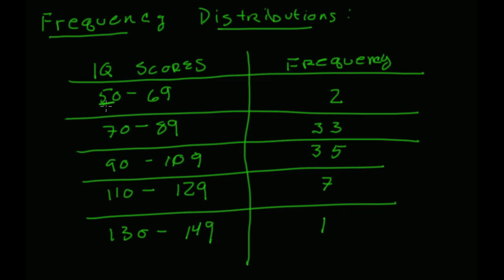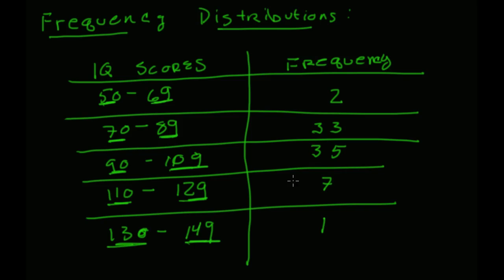So the lower class limits here are 50, 70, 90, 110, 130. The upper class limits are the other side: the 69, the 89, the 109, the 129, and the 149.